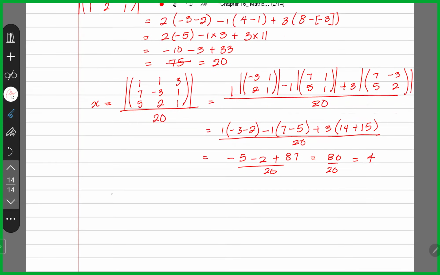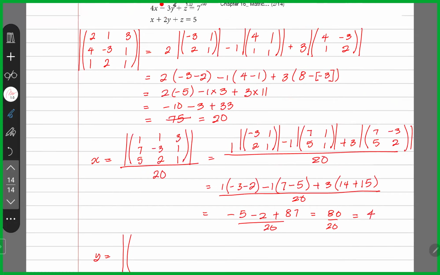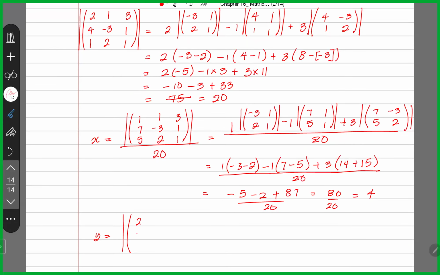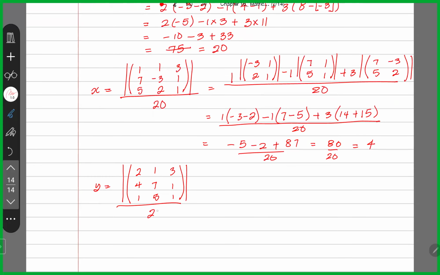Y, by Cramer's rule, let's replace the y coefficients with 1, 7, 5: 2, 4, 1, 1, 7, 5, 3, 1, 1, and this is over 20.